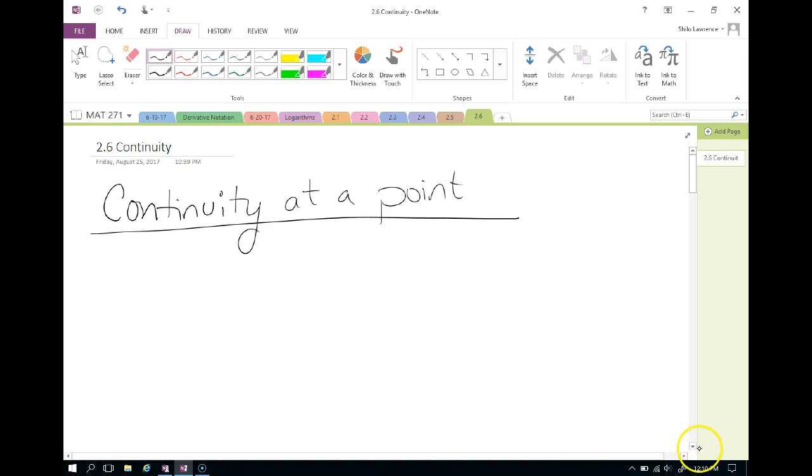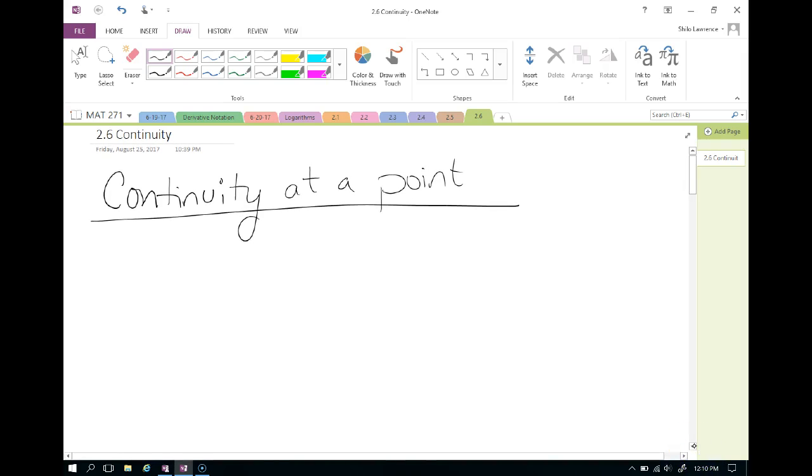So this is just a definition, but after we write the definition, we're going to break it down into pieces, and we're going to have some criteria that we can check. So for right now, this is just a basic definition.